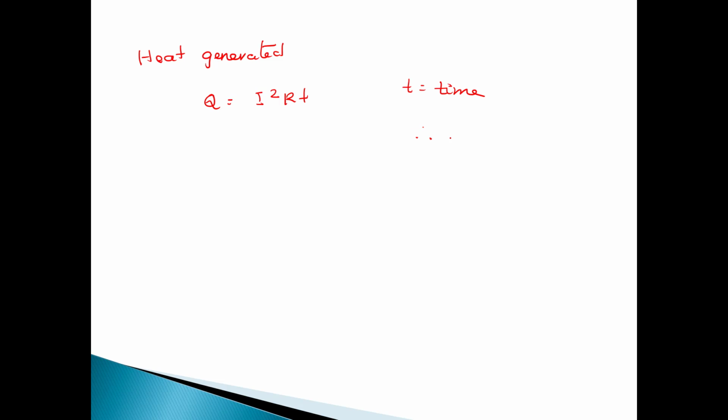We know that V equal to I R. In the question they gave V and R, so we are converting I in terms of V and R. So I can be written as I equal to V by R. That we have to substitute here: V squared by R squared into R into T. So V squared by R into T.